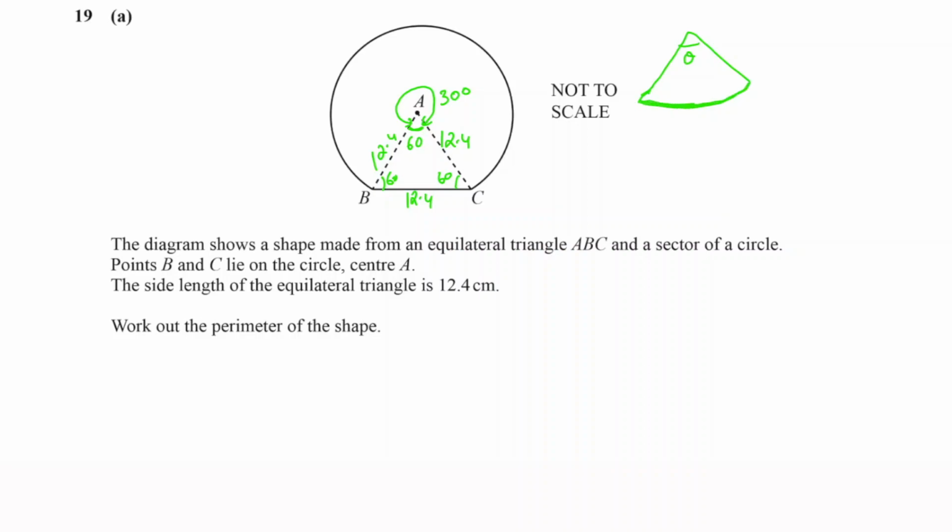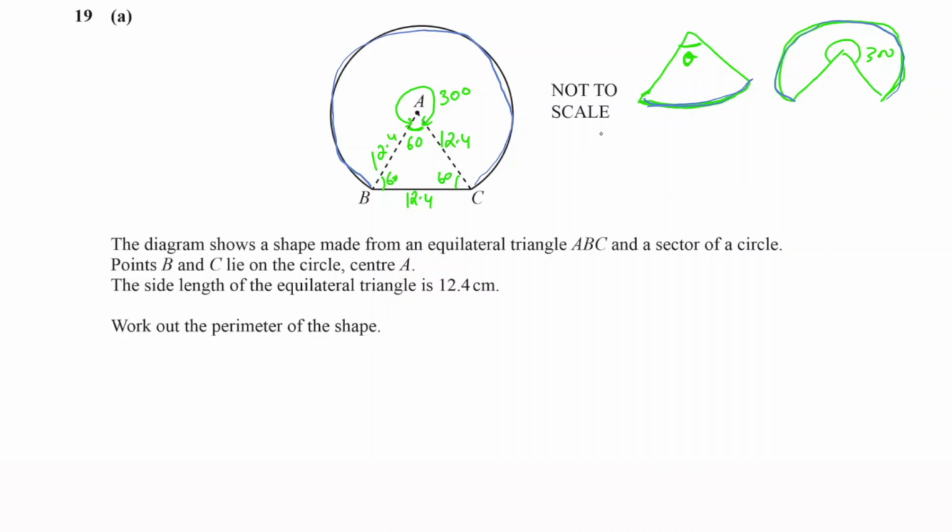This is an acute angle, so it is easy to understand, but this angle is a reflex angle of 300, and we have to find the arc length. The same formula will be used. So that's what we are trying to find first.